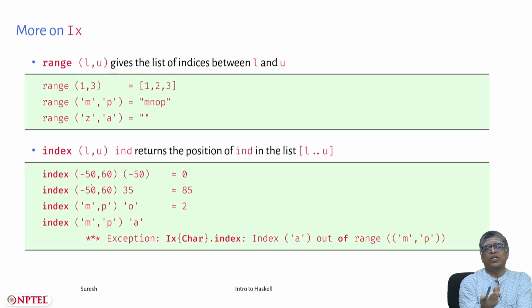If I ask for the index of 35, it is 85, because minus 50 to 0 and then 1 to 35. Index of 'o' in the range 'm' to 'p': the range is 'm', 'o', 'p', 'o' lies as the third element, but indices start from 0, so 0, 1, 2. Index of 'a' in 'm' to 'p': there is no 'a', so you will get an exception.